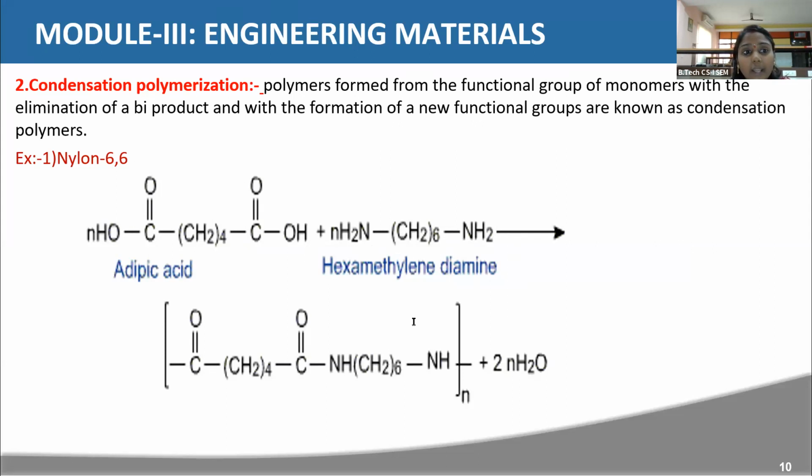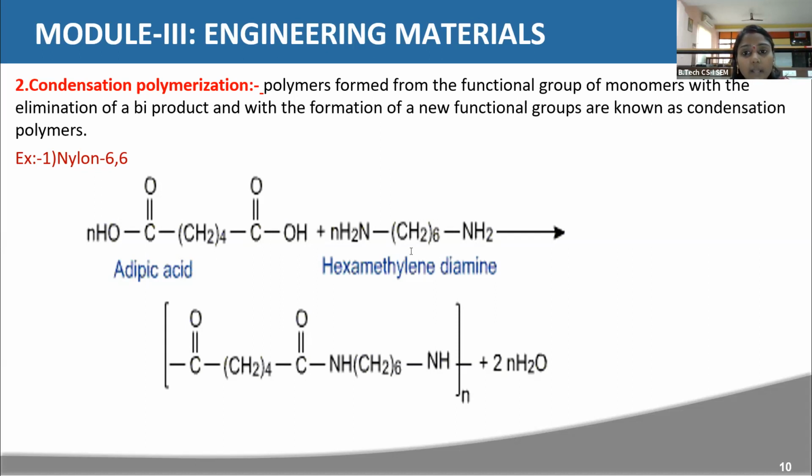to form nylon 6,6. Here you can observe COOH, but we remove the OH group, and here the OH group is also removed. Adipic acid contains 2 OH, one at each end of the compound.